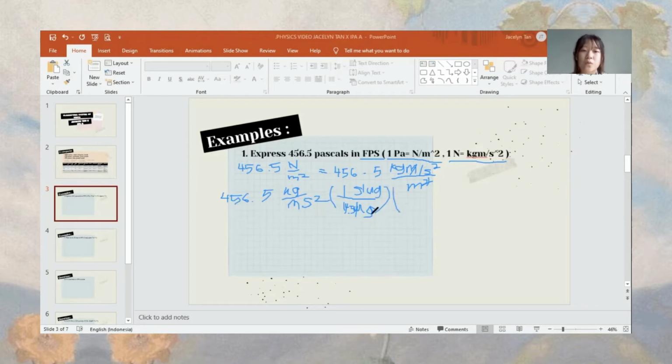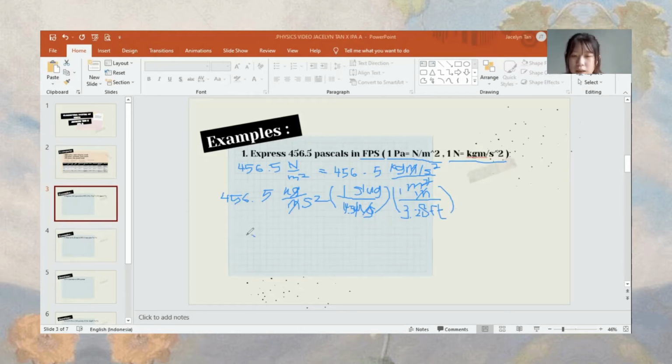So we can cancel the kilogram, and now we know that 1 meter is equal to 3.28 feet. So we can cancel the meter here. So we multiply 456.5 times 1 divided by 3.28 feet.